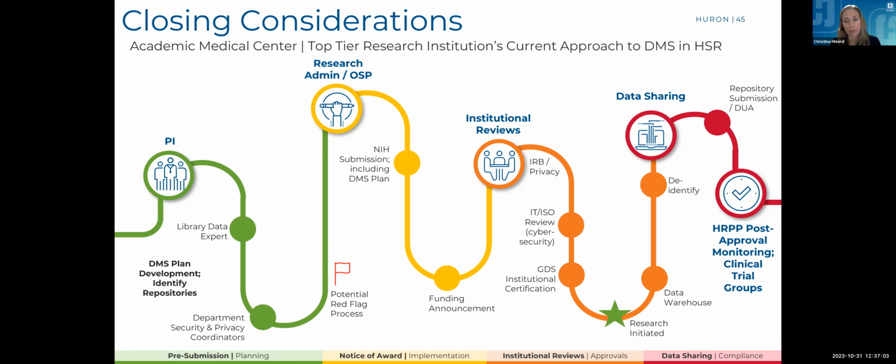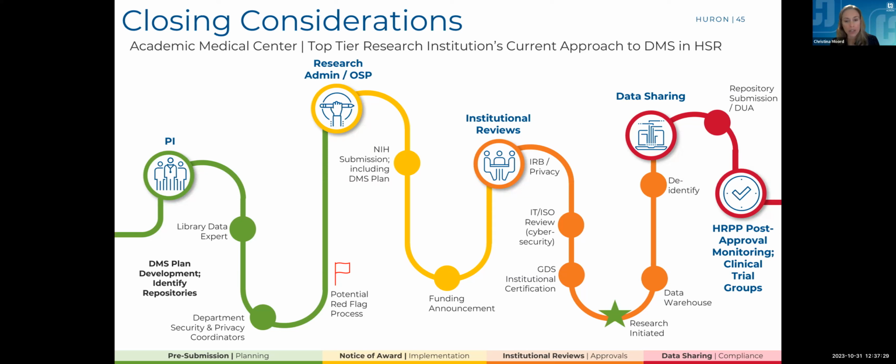Additional data review may be prompted at this point and may be a required ancillary review to the IRB or a pass-through notification. Once all approvals are obtained and the research is initiated, a data warehouse may be utilized to obtain data from sources like the electronic medical record. The data managers would also provide an honest broker function for research requiring de-identification.